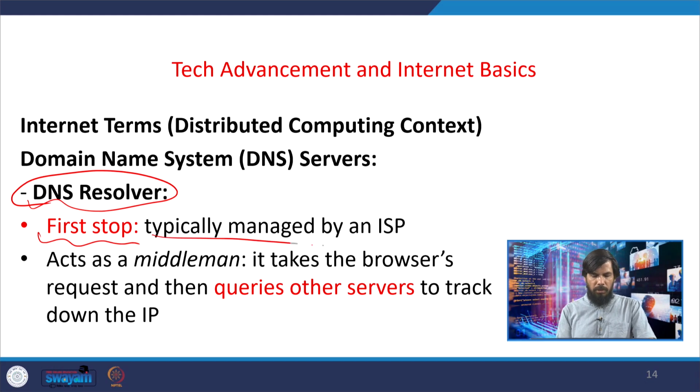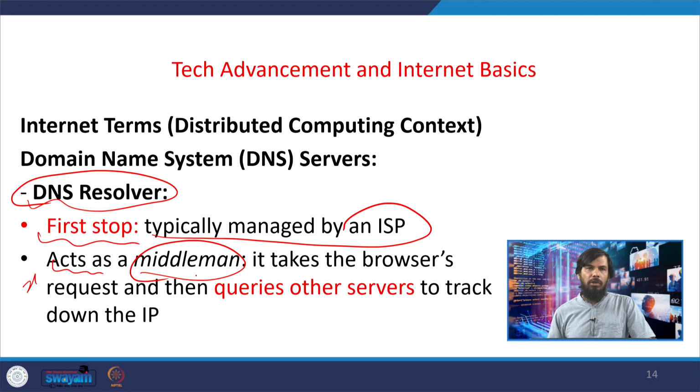It is typically managed by an ISP, and this DNS resolver acts as a middleman. It takes the browser's request and then queries other servers to track down the IP. In case it does not have the IP in its own storage, in its own cache, then it will contact the other servers to track it down.